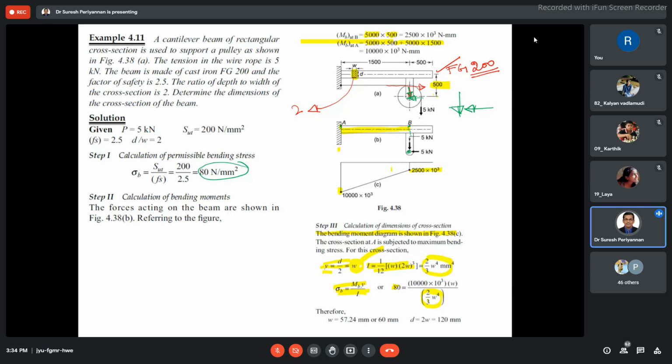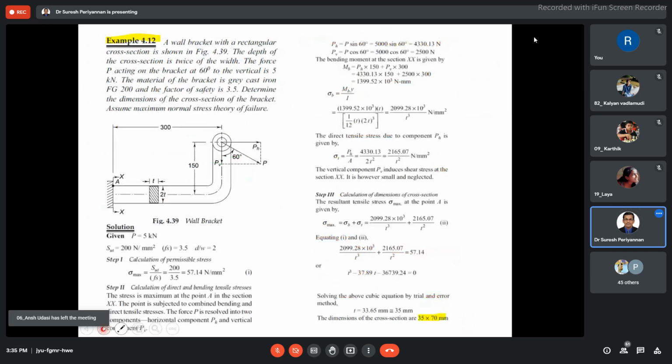From this relation, 80 is our permissible limit stress. This is the I value, this is the y value. Then we are able to find out the width of the beam. Once we know the width of the beam, the depth by width is 2, then we are able to find out the depth of the beam, which is equal to 120 mm.